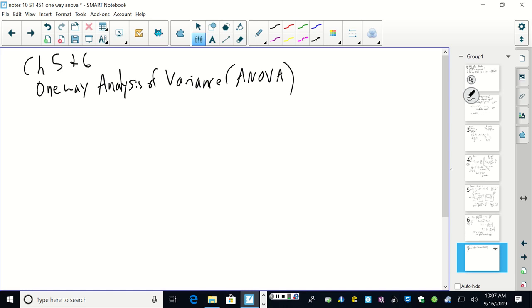In this scenario, we have two or more groups. Let's say the groups are indexed by i, capital I groups.